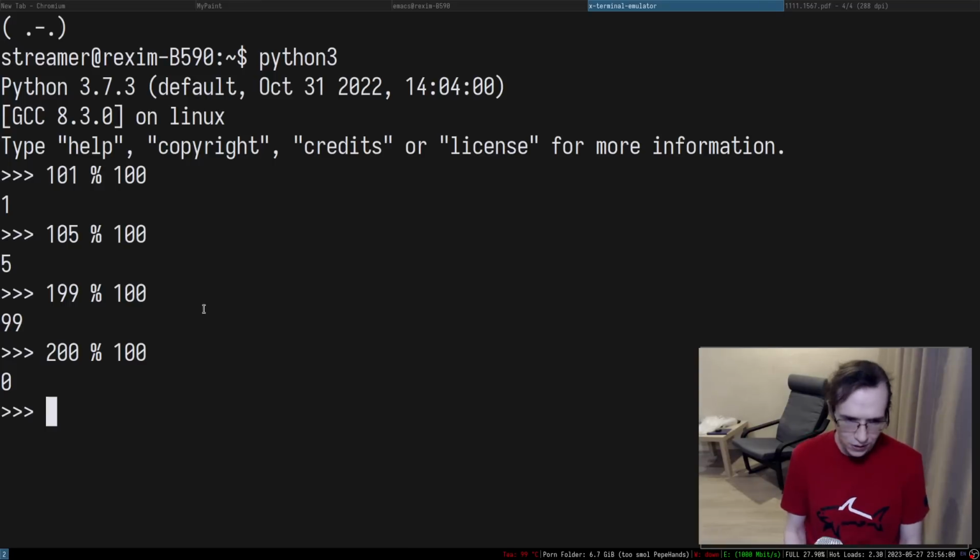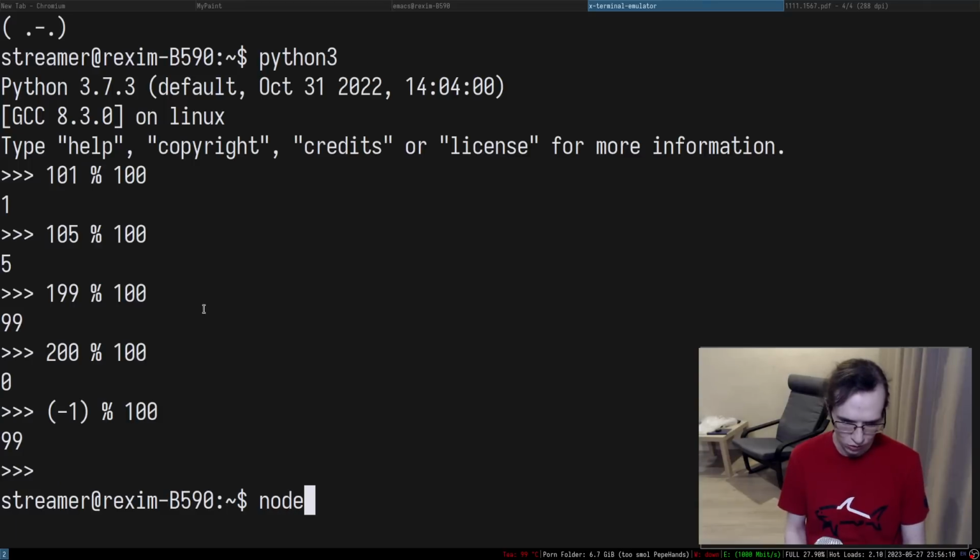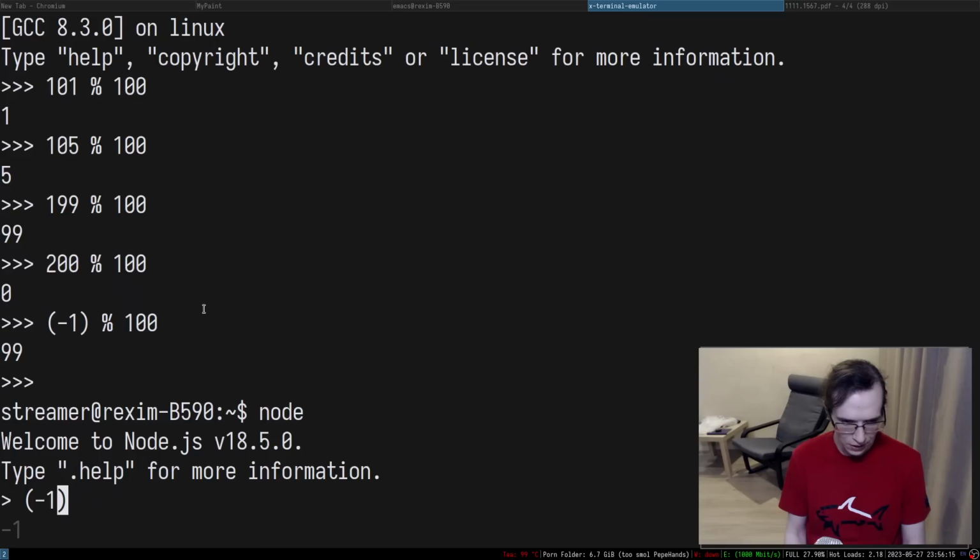But as far as I know, it doesn't work the other way around. I think in Python it does work if you do -1, because they specifically fixed that, but it doesn't work like that in all languages. In Node.js, if you try -1 mod 100, you end up with -1 rather than 99.